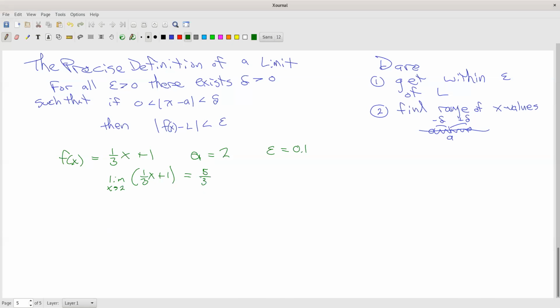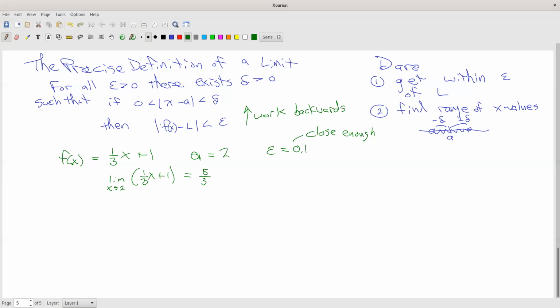To prove that, I got to follow through with the dare and come up with a range of X values and be able to say how far away I can afford to get from 2, but still be close enough, right? This right here is close enough to 5/3. So the way it starts is we just kind of work backwards from here to do this. We reverse engineer it.